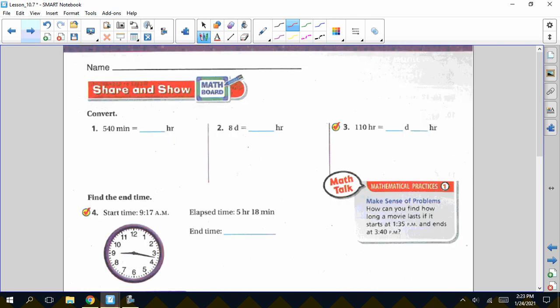So 54 minutes equals how many hours? We're going minutes to hours. Minutes are smaller, so fly to horse, divide, of course.